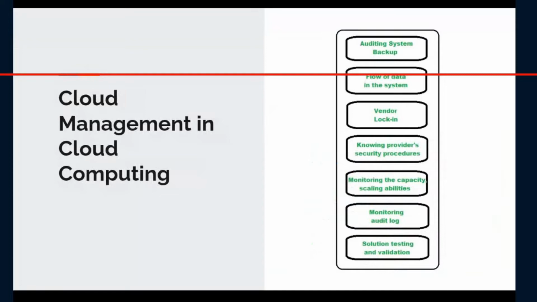So, cloud computing management is maintaining and controlling the cloud service and resources, be it public, private, or hybrid.